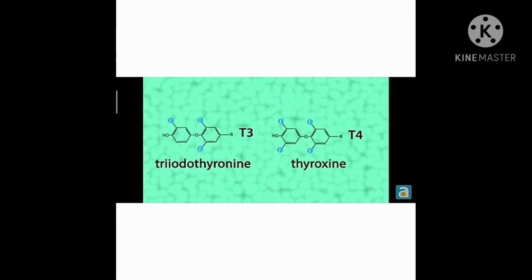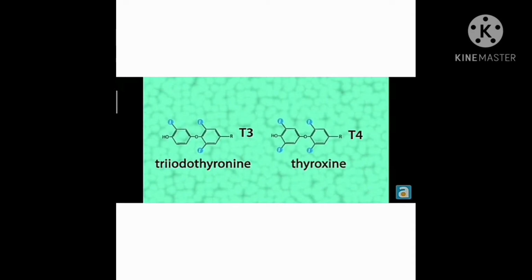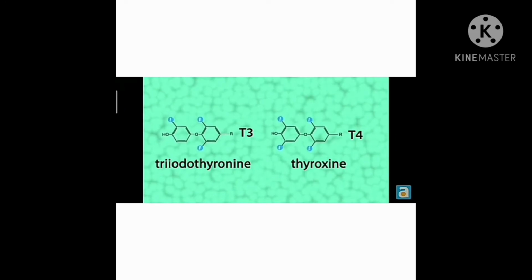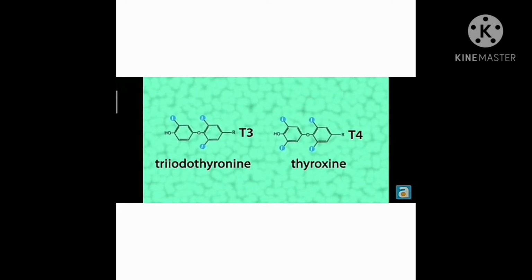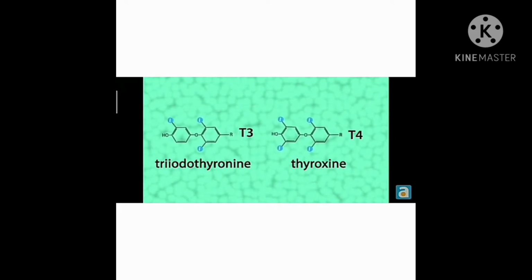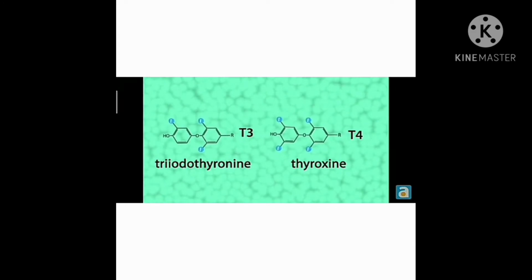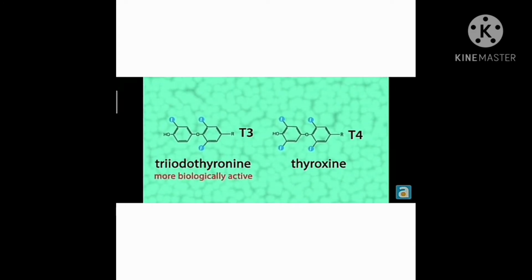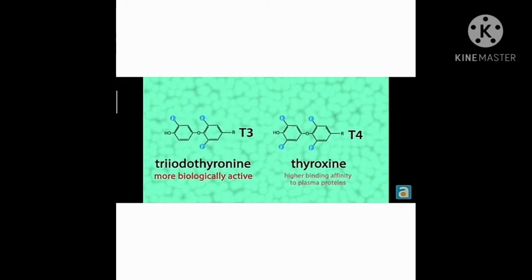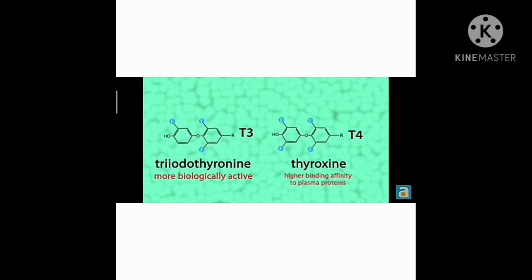Thyroid hormones include triiodothyronine, T3, and thyroxine, T4. Now here, triiodothyronine and thyroxine are separated by only one iodide molecule, and their biological activities differ significantly.